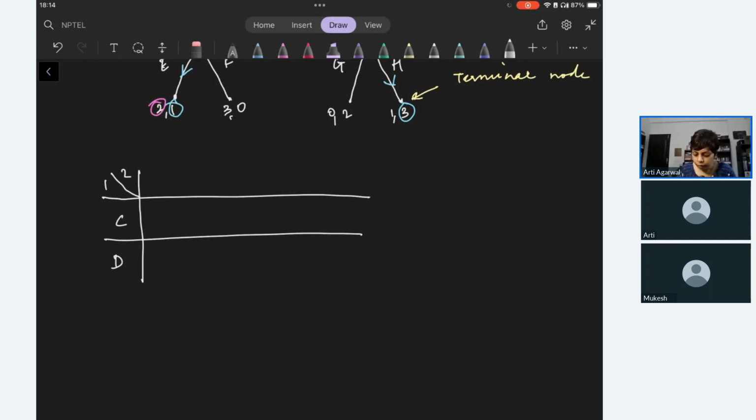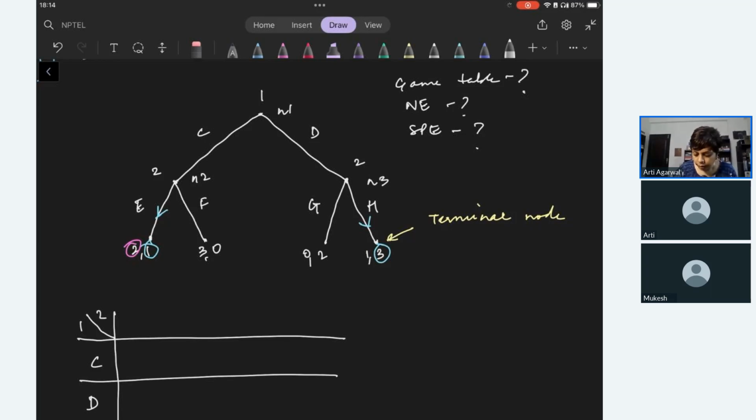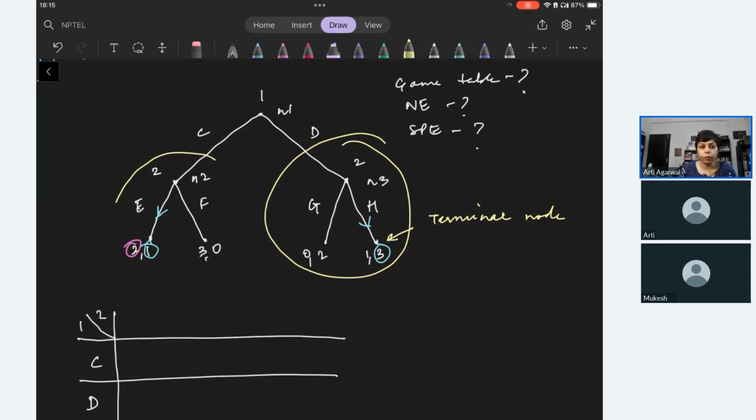I'm just going to draw one line and I'll delete it later. This is one subgame, this is another subgame, and the whole game is one more subgame. So this whole game has 3 subgames. Let's write that down also. Okay, let me delete this. I don't want to make it messy.